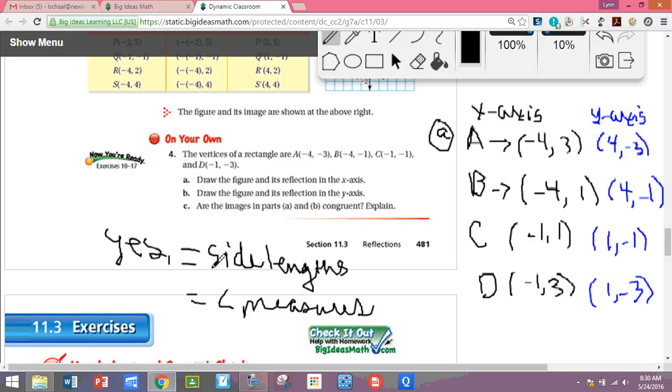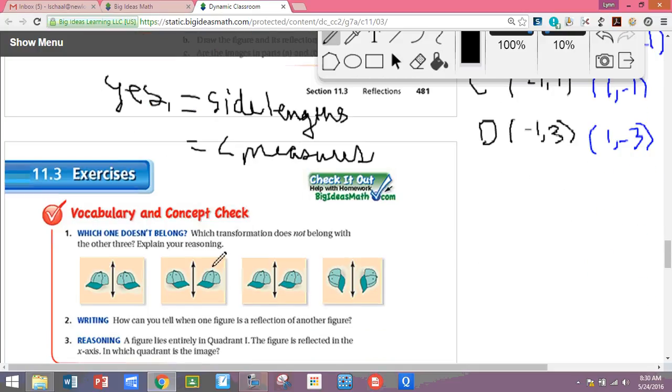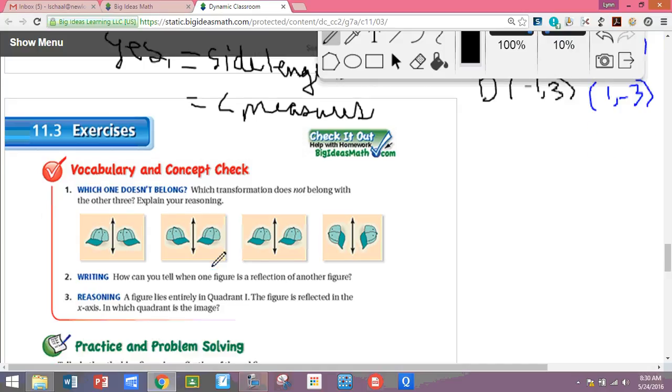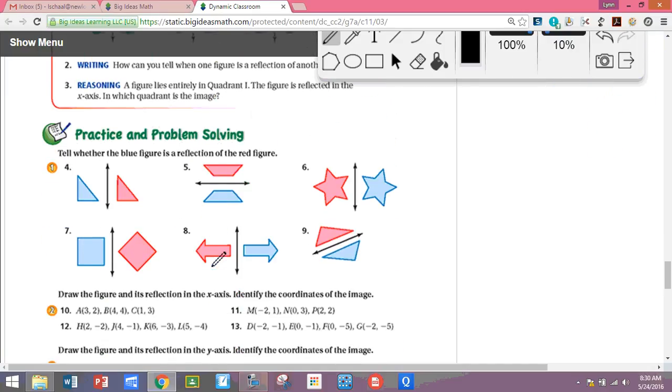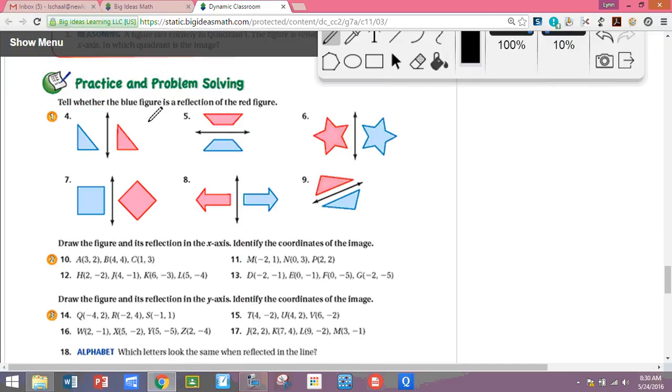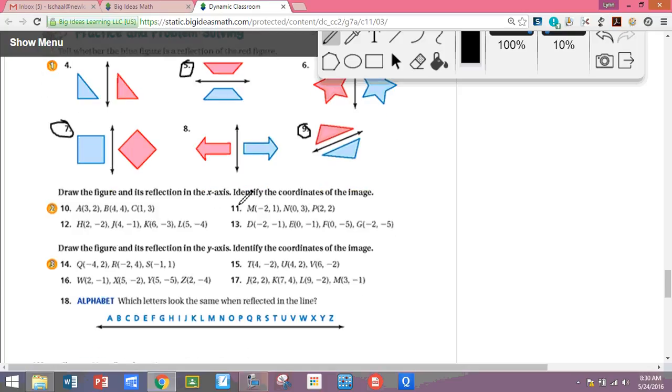Okay, so for your practice problems, for this first part, you're going to do 5, 7, and 9, and you're going to tell me if it is or is not a reflection and why. Then you're going to do 11 and 13, and then 15 and 17.